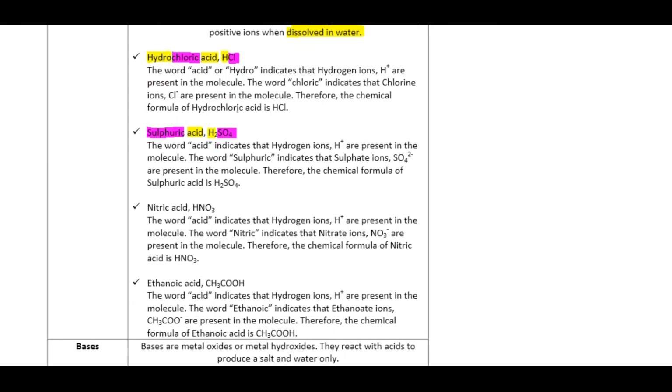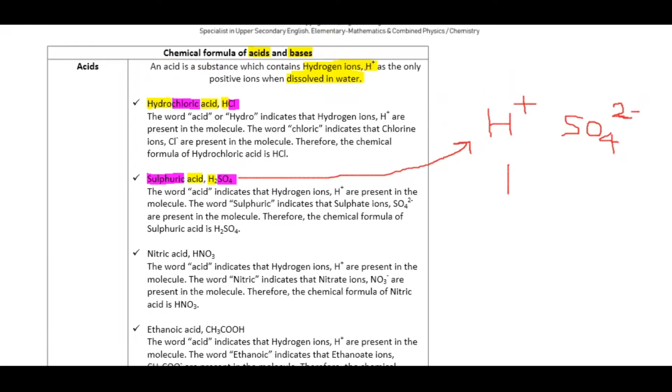So I'll just explain this. I'll just do a recap of the valency. The reason why there's a H2 is because hydrogen's valency is 1, as we have already learned, and sulfate is a polyatomic ion with a 2 minus charge. Hydrogen in this case is a plus, not a minus, because acidic properties usually come from H plus ions.